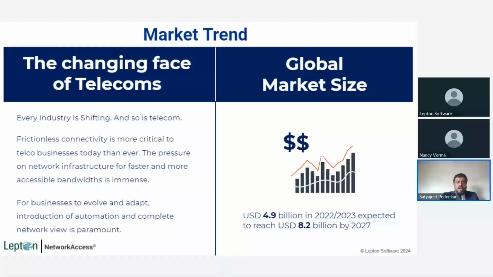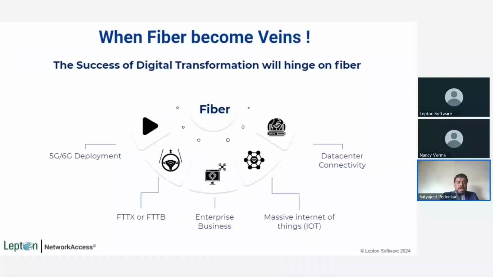This slide shows the different ways fiber is utilized in the telecom network. I always say fiber is the new veins or arteries of telecom. The way arteries and veins transport blood to different parts of the body, in a similar way fiber is used to transfer data from one place to another in various ways.